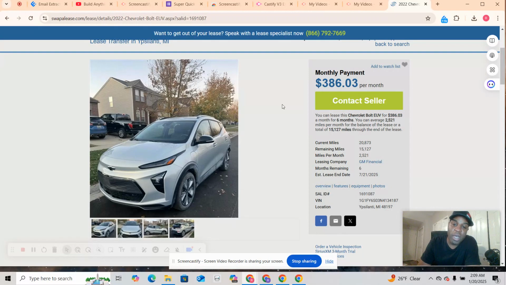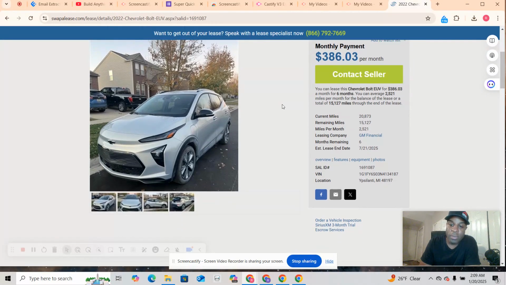For $1,800, you have an auto lease that reports on your credit as paid off in full. The lease is going to show an auto trade line paid off.